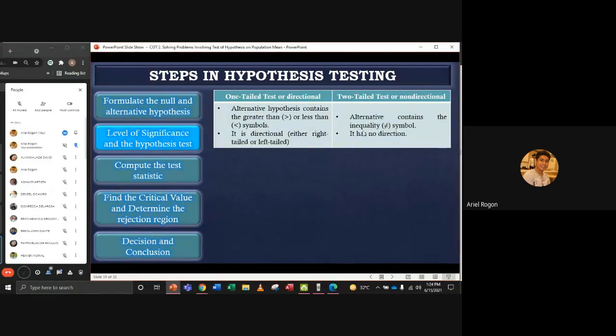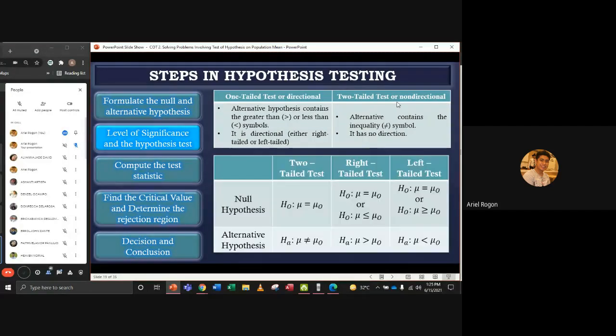And if your alternative hypothesis contains a not equal symbol, that is a two-tailed test, also known as non-directional. As you can see in this illustration, if your alternative hypothesis is not equal, that is a two-tailed test. Yun lang ang palatandaan dyan.